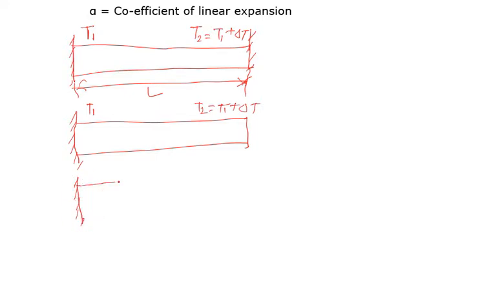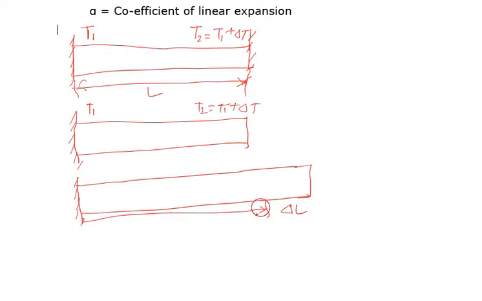So suppose it has been extended up to here, by an amount of delta L. Up to here it was L, that is the original length, but after raising the temperature, the bar gets elongated and the elongation is, suppose, delta L, the extension. This much is the extension after raising the temperature.